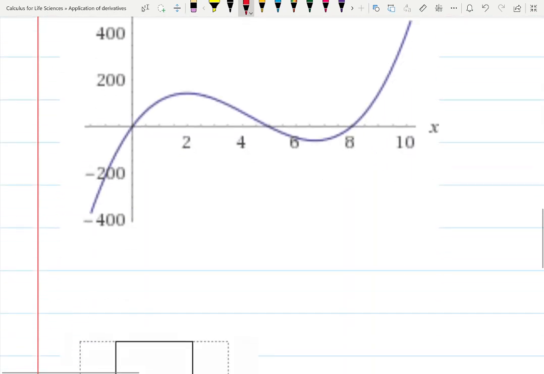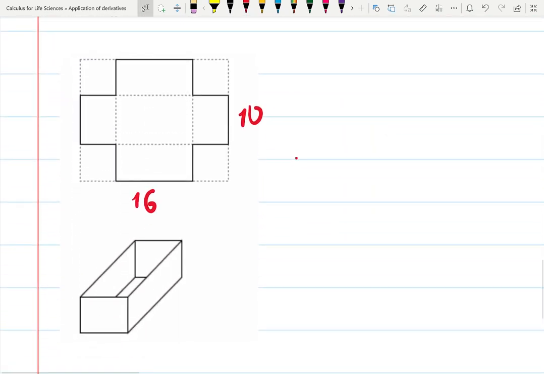So the volume depends on the cut. I just showed it to you in the animation, right? So let's call it a cut x. Not the whole thing, but the first slice with the scissors you make. Because when you fix that x, all other sizes of the squares you're cutting off will be the same. If this is x, this is also x, and this is x, and so on.